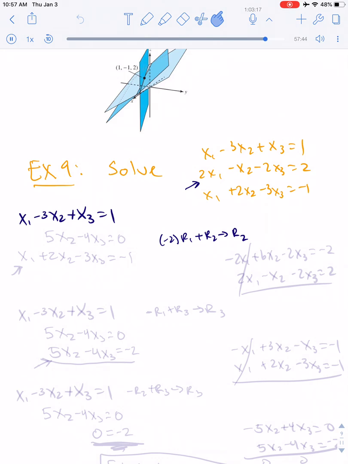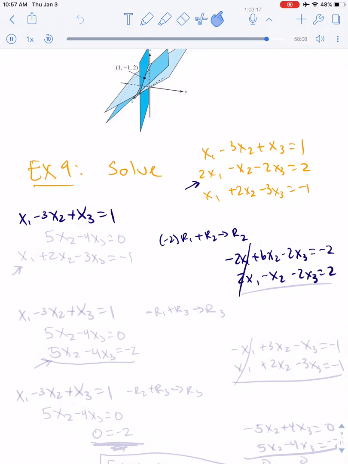Over here, I have -2 times the first row, -2x1. Let me give myself some more room over here. -2x1 plus 6x2 minus 2x3 equals -2. 2x1 minus x2 minus 2x3 equals 2.